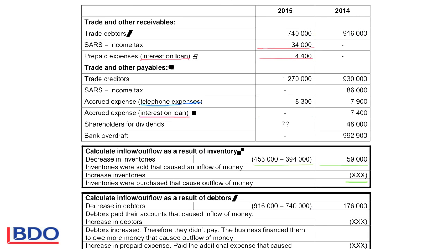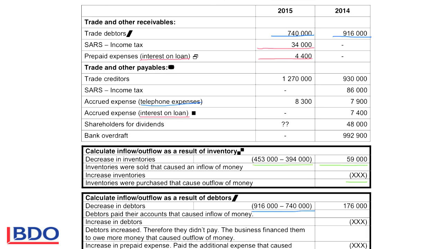If we look at the trade debtors, we determine that the previous year the debtors was 916,000. In the current year the debtors is 740,000. That means that my debtors decreased from 916,000 to 740,000.